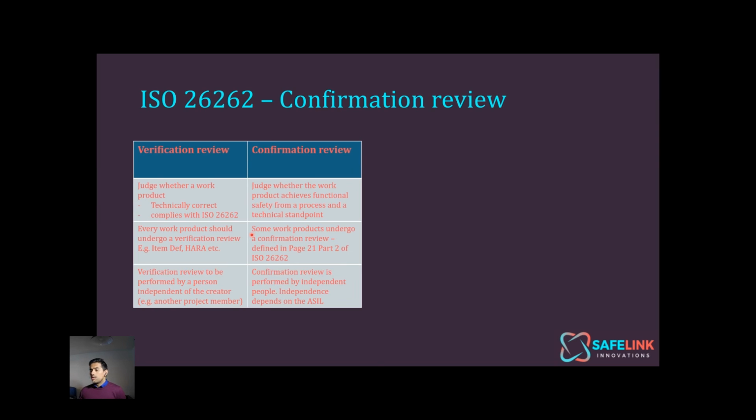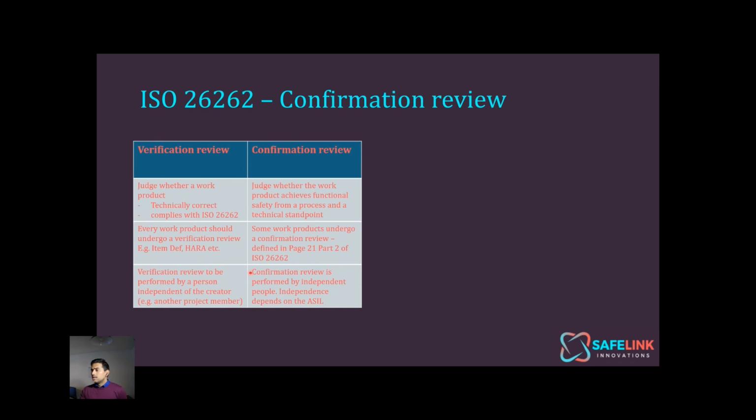The person who's performing the confirmation review has to be someone independent of the author, and the independence is defined by the ASIL of the work product.